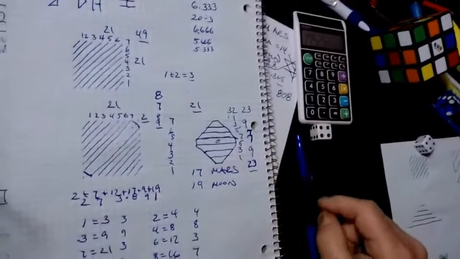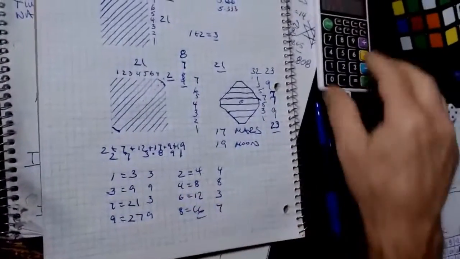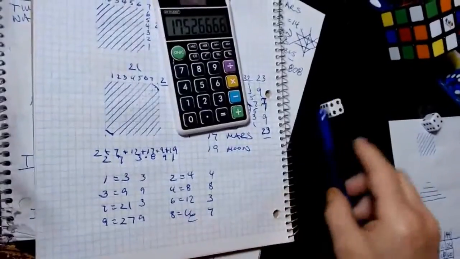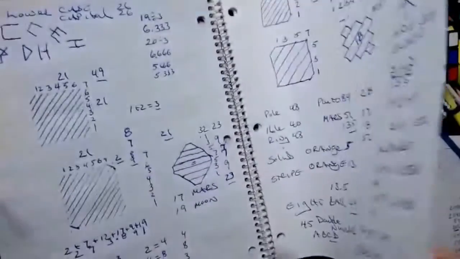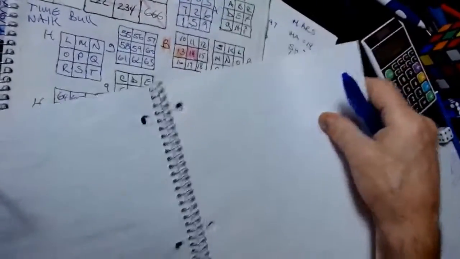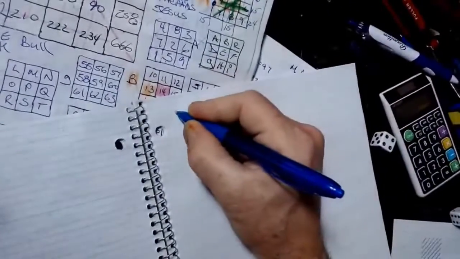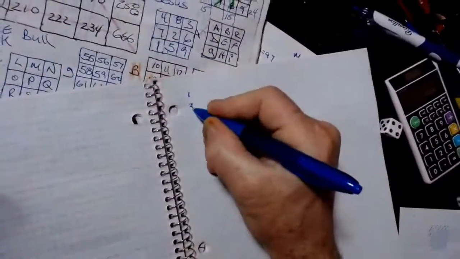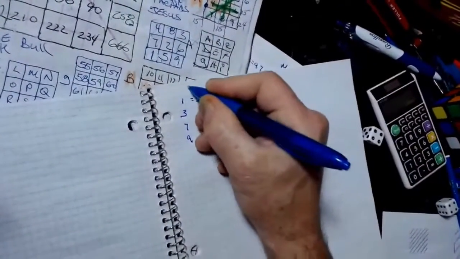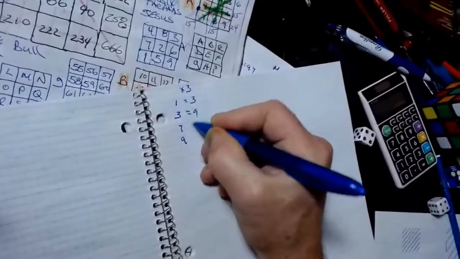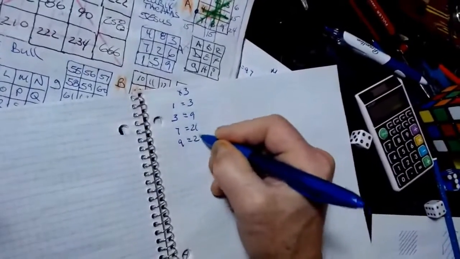It'll create 11. The reason I did this was because of the colors. So it told me to multiply my numbers. Another thing I was going to show on here: we had 1, 3, 7, and 9, multiplied by 3, equals 3, 9, 21, 27.